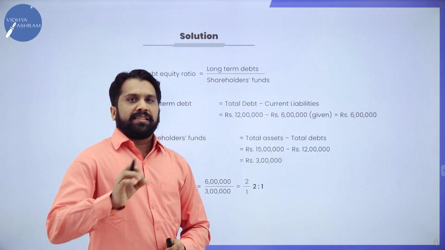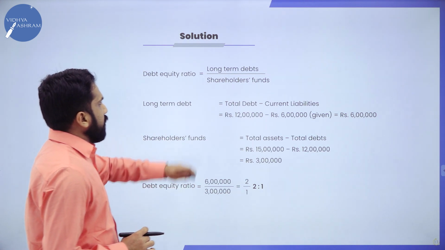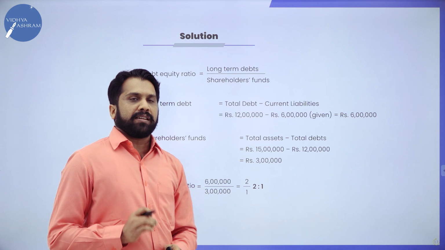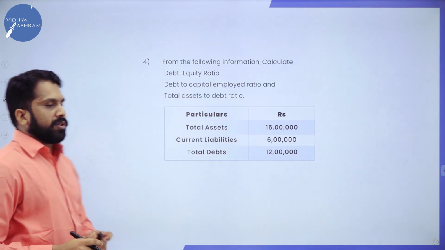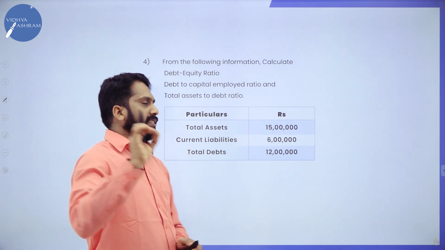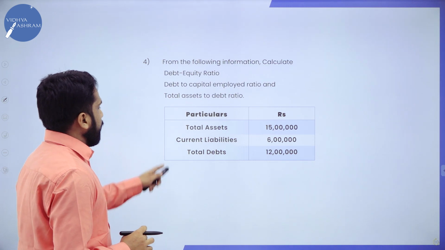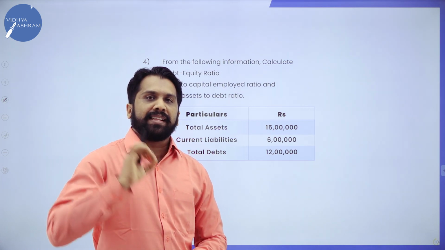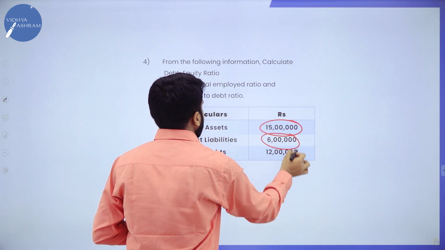Debt equity ratio. Now, debt equity ratio, what is the formula? Long term debt divided by shareholders fund. Before we go to this, we'll go to the question. What is your total asset? It is 15 lakh. Current liability is 6 lakh. And your total debenture or total debt is 12 lakh. In this, remember these numbers.